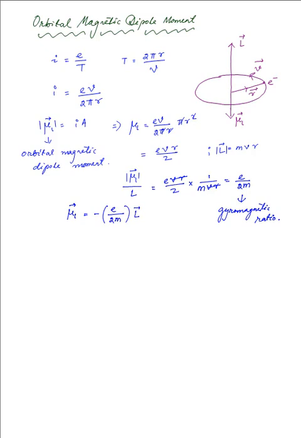So if we include a constant factor over there, we usually denote this as negative g L times e over 2m L vector, where g L over here obviously is equal to 1.